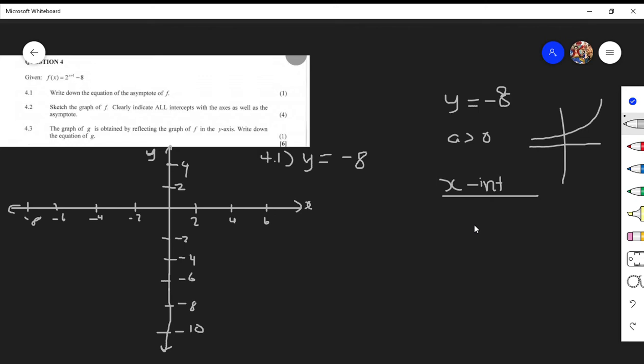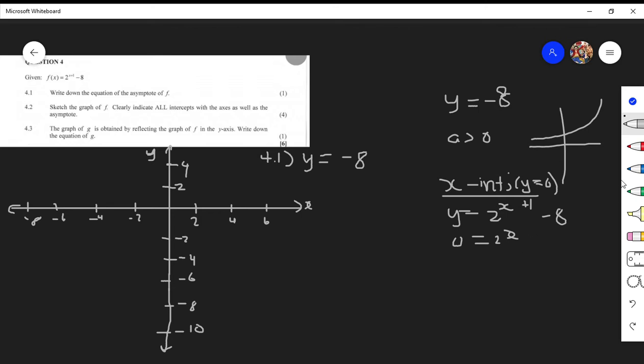So our x-intercept, our graph is y is equal to 2 to the power x plus 1 minus 8. And when you have your x-intercept, your y value is equal to 0. Actually, no, we have our x-intercept.